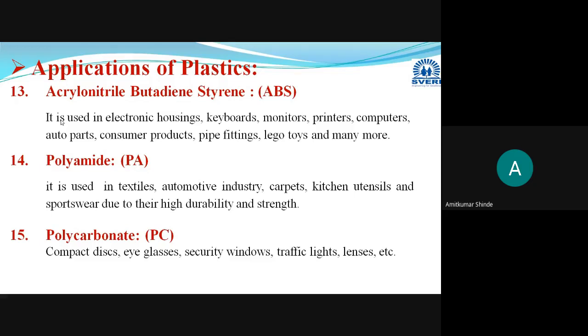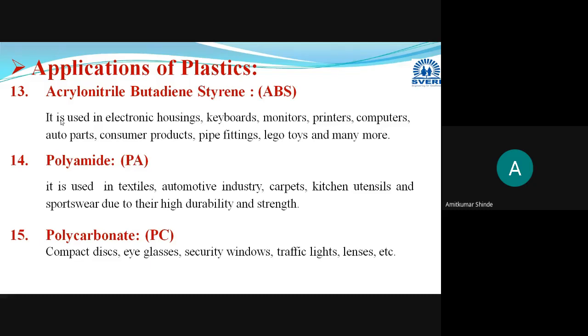It is used for manufacturing different electrical components, such as computer keyboards, computer monitors, printers, and lots of plastic toys, all manufactured with the help of this ABS. The toys children play with, consisting of different small parts, can also be manufactured with acrylonitrile butadiene styrene.